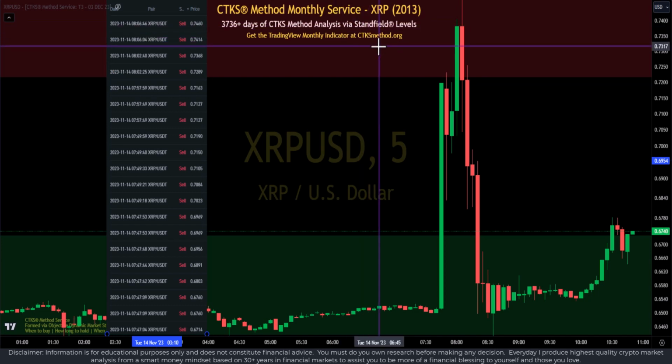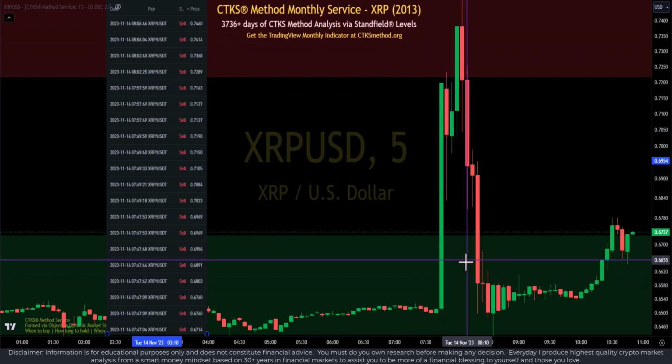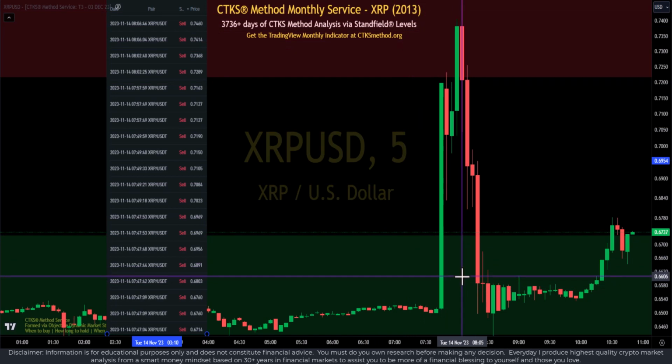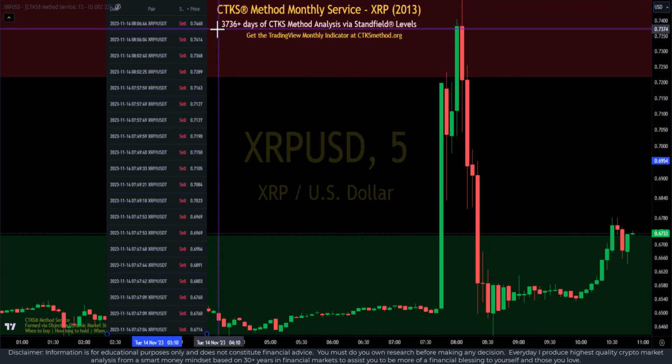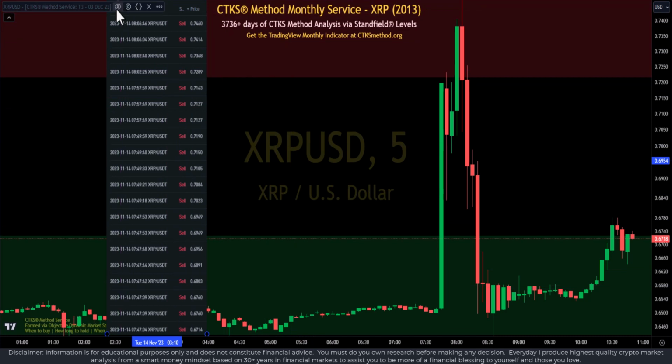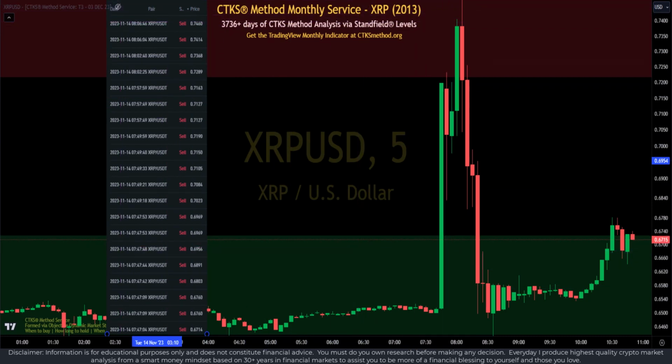By understanding where statistically significant resistance and support are, structural support and structural resistance levels, drawn through a confidence of these SLs, marking up all the price action through the standards-based CTKS method, you can do trades like I do. I use the indicator from the monthly service. This is how I know where the particular levels of support and resistance are inside the market.